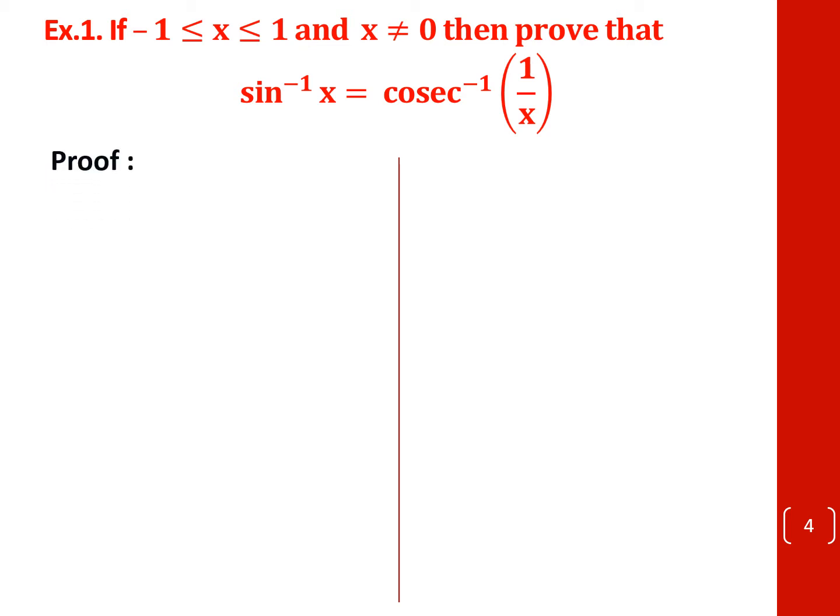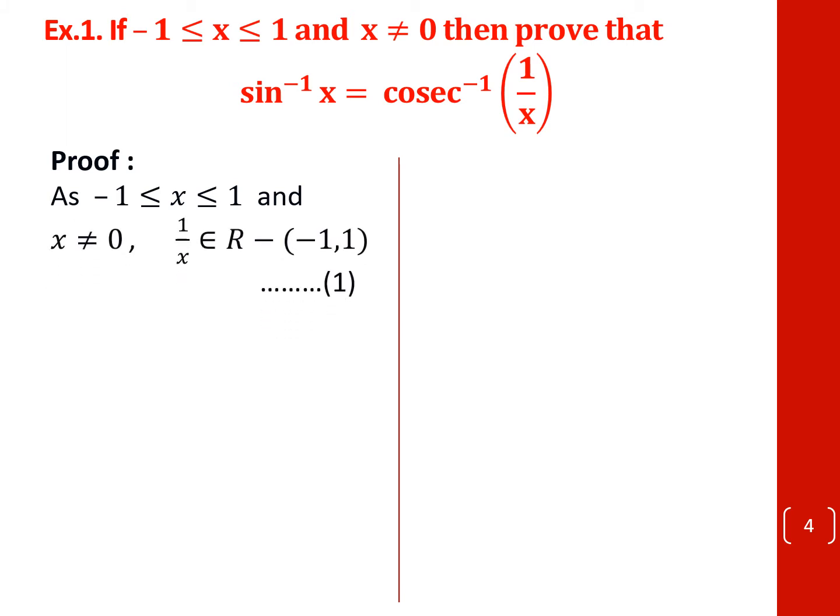As -1 ≤ x ≤ 1 and x is non-zero, it means we can divide by x. Therefore, 1/x belongs to R minus the open interval (-1, 1). Call it equation 1, which is the principal value branch of cosec inverse.